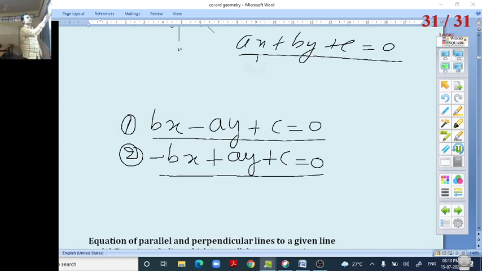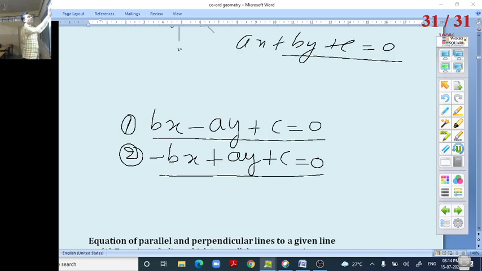The slope of this line is m1, and the slope of these two lines is m2, then definitely their product is minus 1. Let me show you how the product of these two slopes will be minus 1.